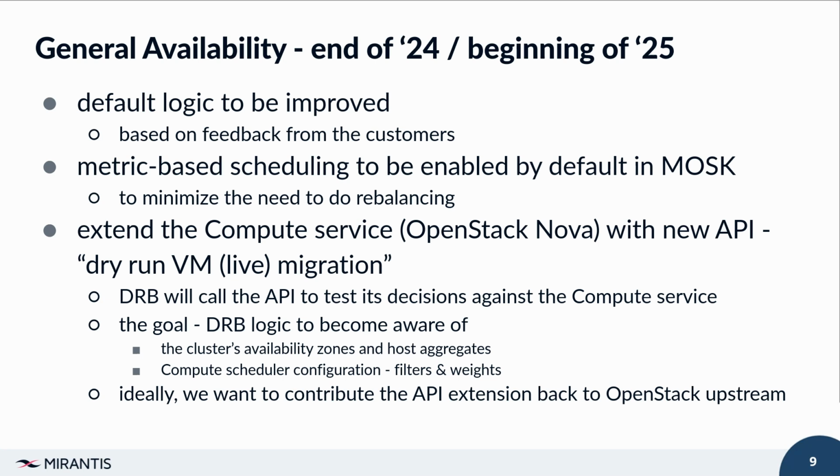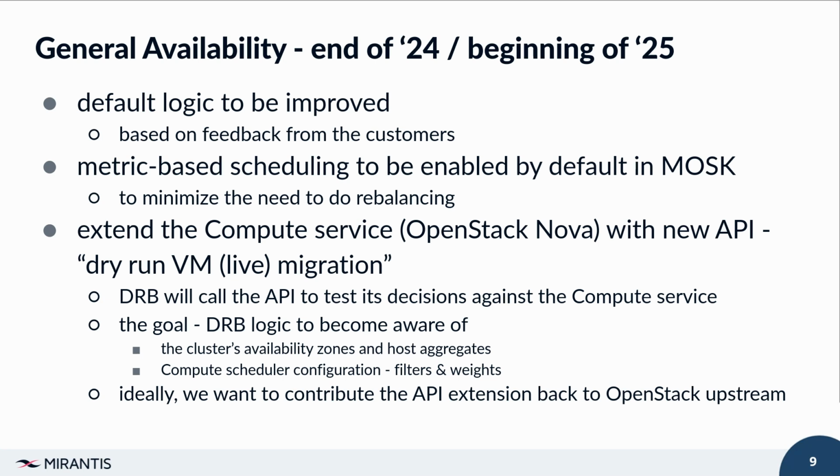The most exciting part of this whole improvement is to actually extend the compute service with a new API. Remember I said that it's not always possible to just migrate one VM from one hypervisor to another because of these incompatibilities, because of the scheduling configuration.